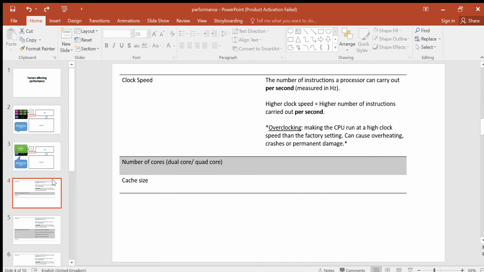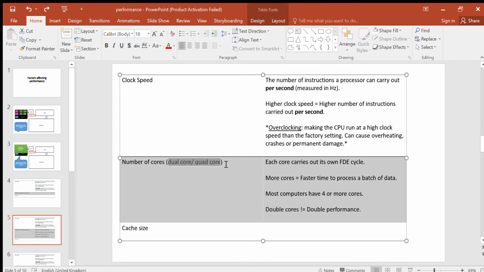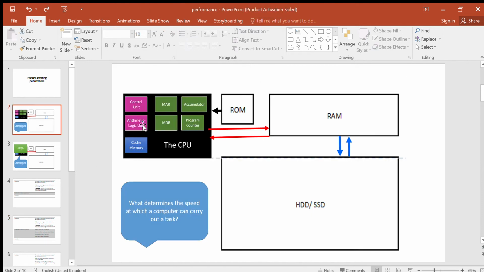Okay, so let's have a little look at the number of cores. Hopefully you've heard these words bandied about before: dual core and quad core. Dual core means your computer has 2 cores, quad core 4. So when we've talked about our system, we've presumed there's 1 core, and that fetch, decode, execute cycle is just happening once.